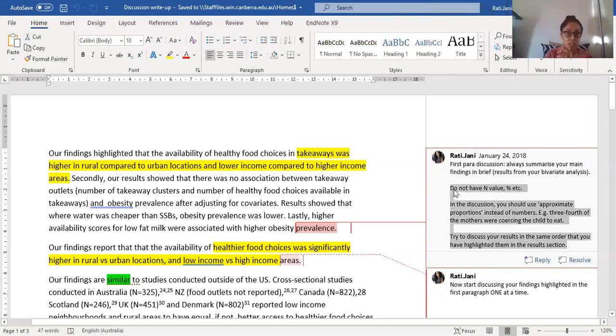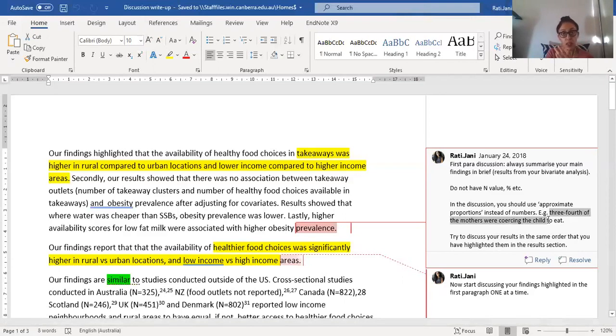Now, these are the key principles of a discussion section which I have summarized for you over here. Remember, in a discussion section, you do not write with n values and percentages. You do not say 80% of our participants. That is not the language you use for a discussion section. Your discussion section is generally written in such language. For example, three quarters of the mothers in our sample were, so you convert that 80% to three quarters.